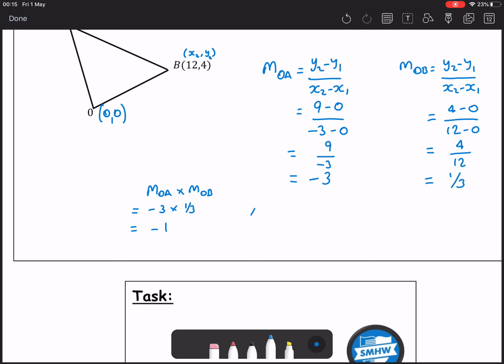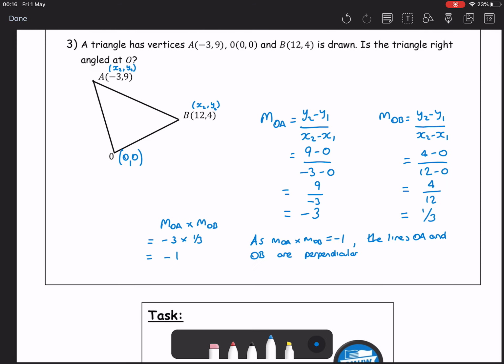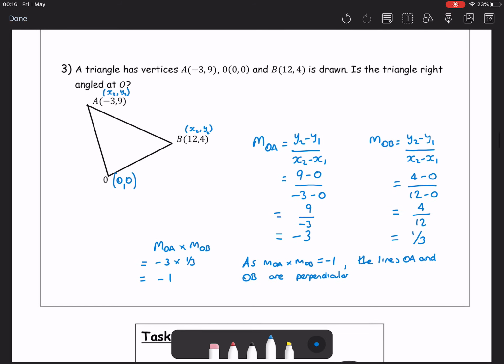And my communication is as m OA multiplied by m OB is equal to minus 1. What this tells us is the lines OA and OB are perpendicular. That's what my calculation has worked out. Have I answered the question?